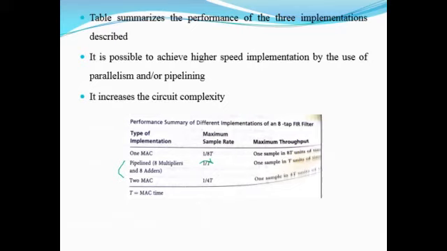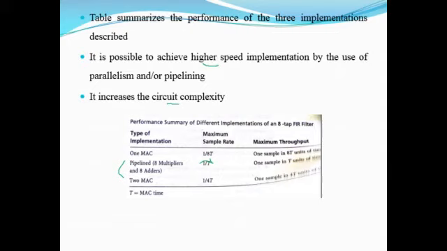But when we go with this, it increases the circuit complexity with the higher speed implementation. So that is one of the major drawbacks. When we look into the circuit complexity, it's very difficult to implement, and we can achieve higher speed by using this implementation method. But for achieving higher speed with circuit complexity, there should be a trade-off between these two.